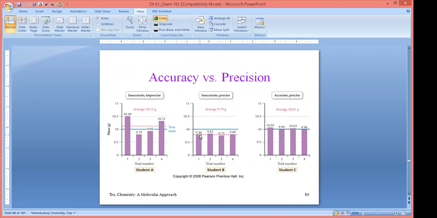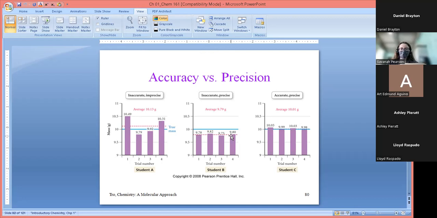The next one, you can think about this like if you made a machine that was shooting darts at a dartboard. The blue would be the bullseye, let's say. Here in the next one, all your darts are hitting the dartboard really closely together. So your dart throwing machine or gun or whatever, it's fairly precise.